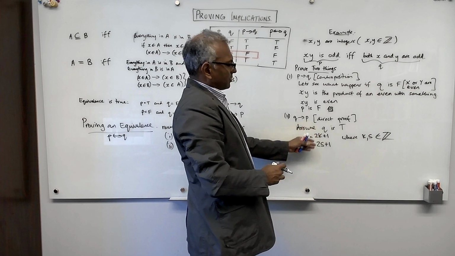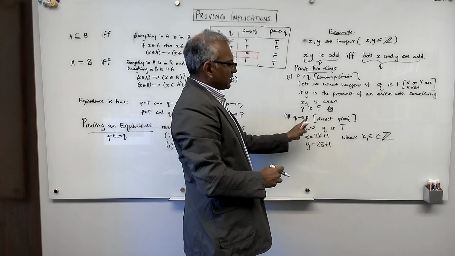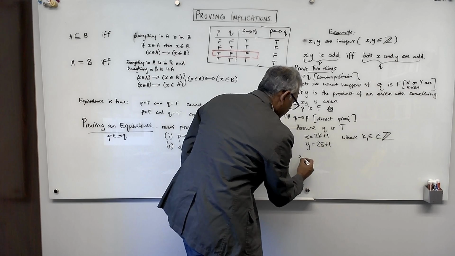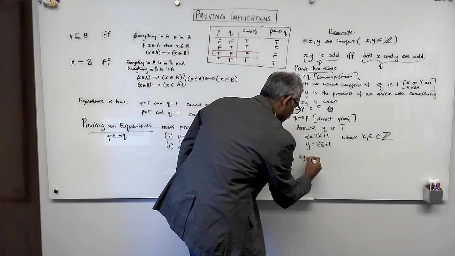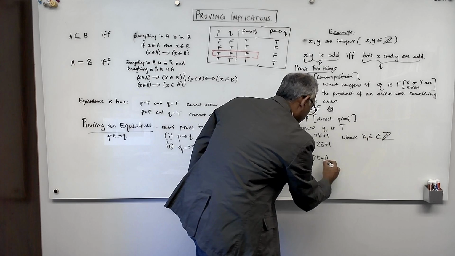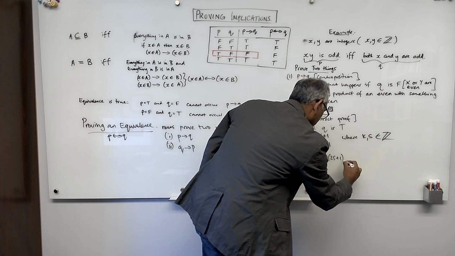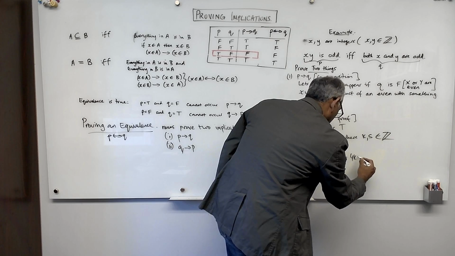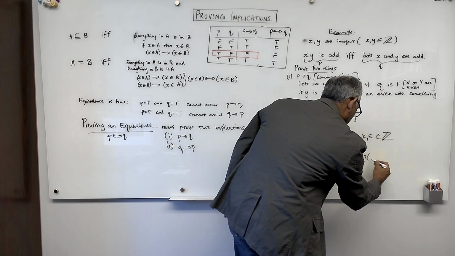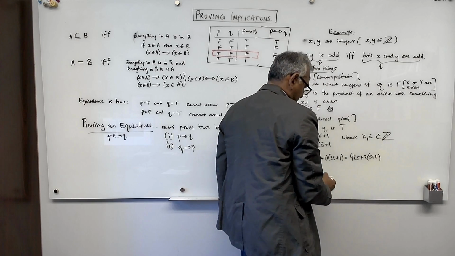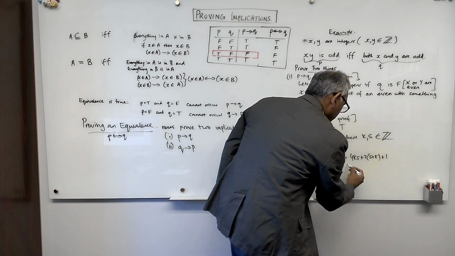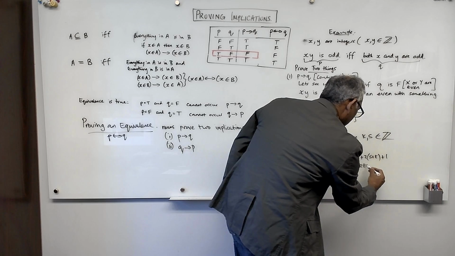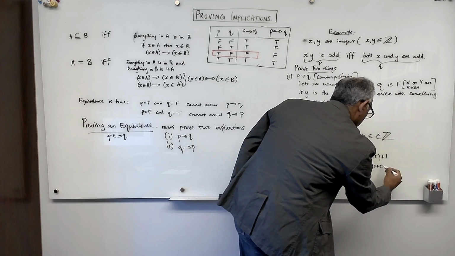Then what does this say? So this is what it means for Q to be true. What does this say about P? P is talking about xy. So xy is equal to (2k plus 1) times (2s plus 1), which is 4ks plus 2s plus 2k plus 1, which is equal to 2 times (2ks plus s plus k) plus 1.